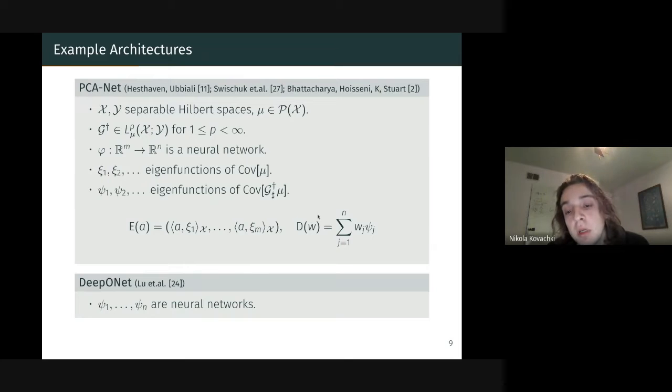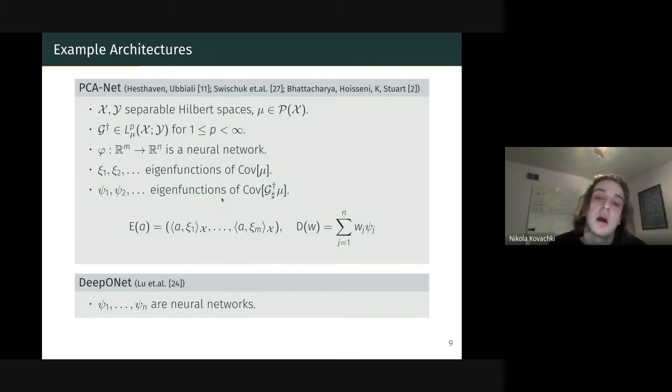The decoder is nothing but a map which takes in a vector and expands it as a sum on the eigenfunctions of the covariance of the push forward of mu. This is a very simple architecture, and your phi can be a neural network. So essentially, you take your function, project it onto some m coordinates, feed that into a neural network, which gives you n numbers, and then those numbers are expanded as the coefficients on basis functions, which are the eigenfunctions of the covariance of the push forward of mu under G dagger.